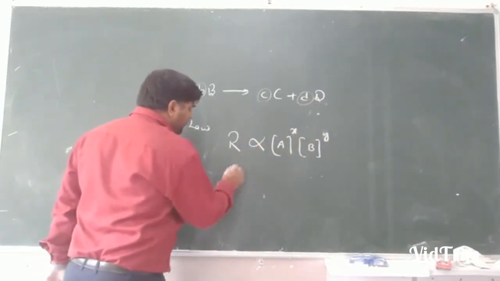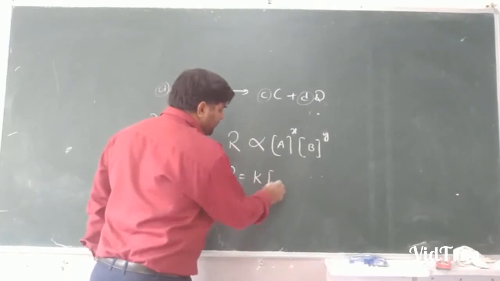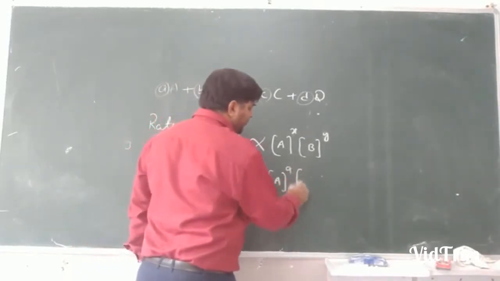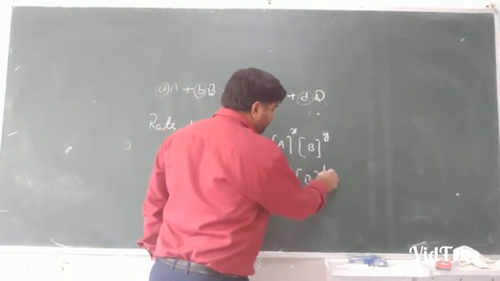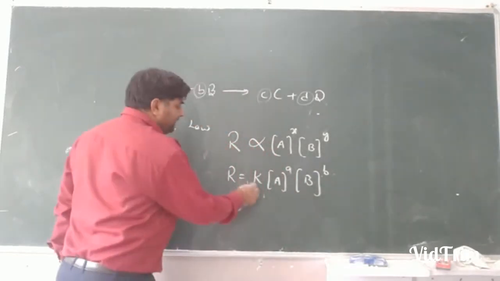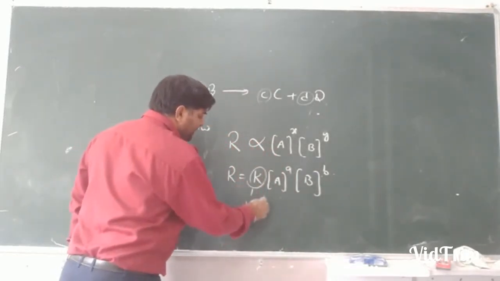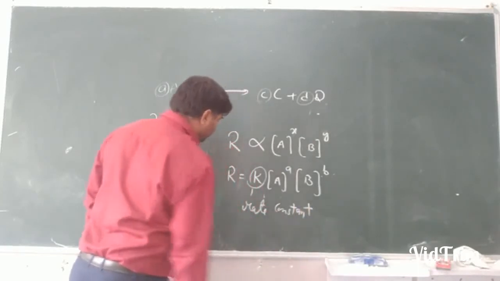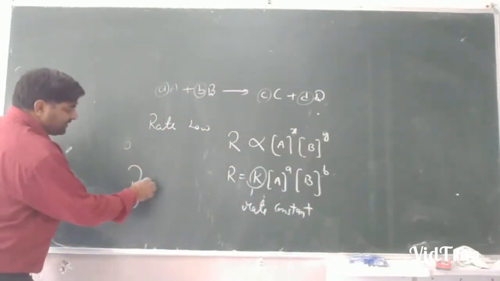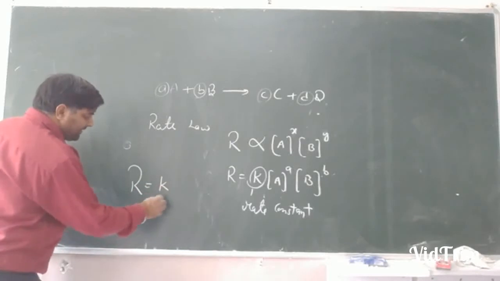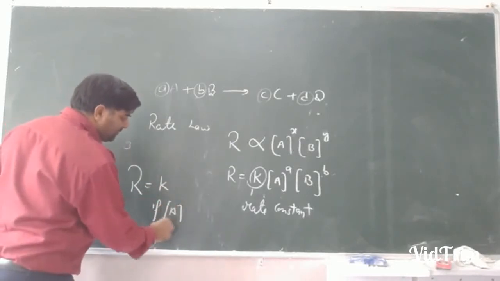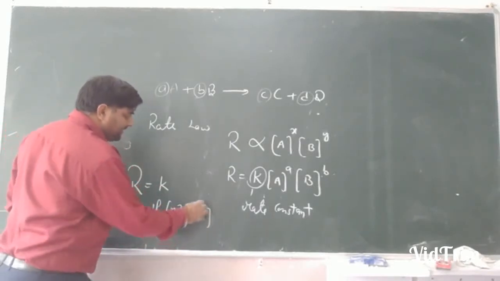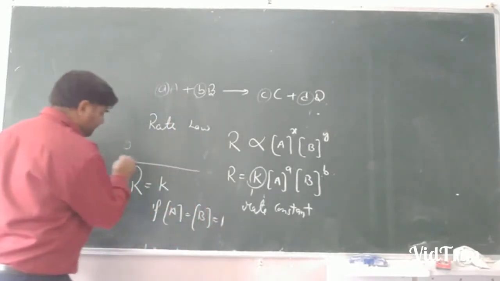So rate is equal to k [A]^a [B]^b. k is called the rate constant. So the rate of the reaction is equal to the rate constant if the concentration of each of the reactants is unity.